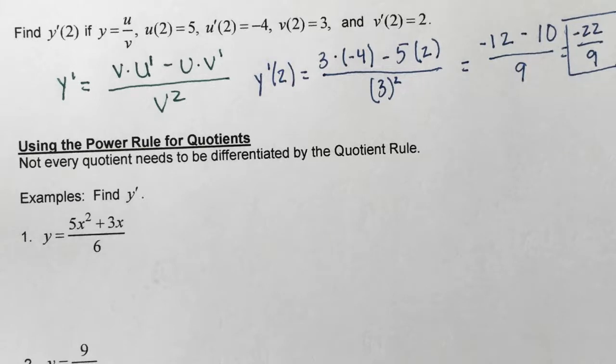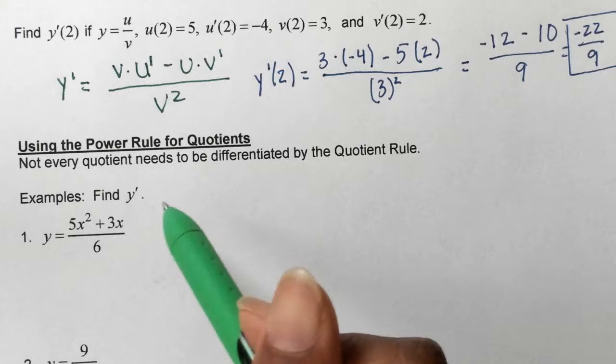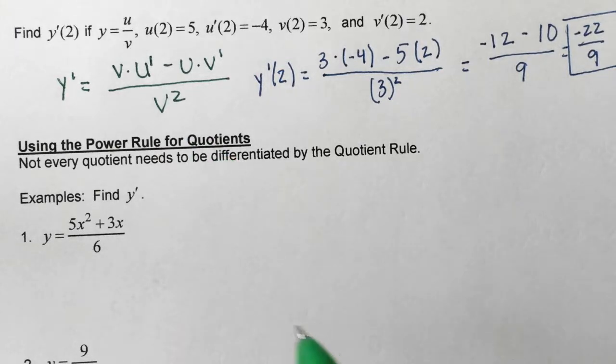So sometimes we don't even need to use the quotient rule. We can just use the power rule. So in some cases, such as in these two examples, we can find y prime without having to use the quotient rule.